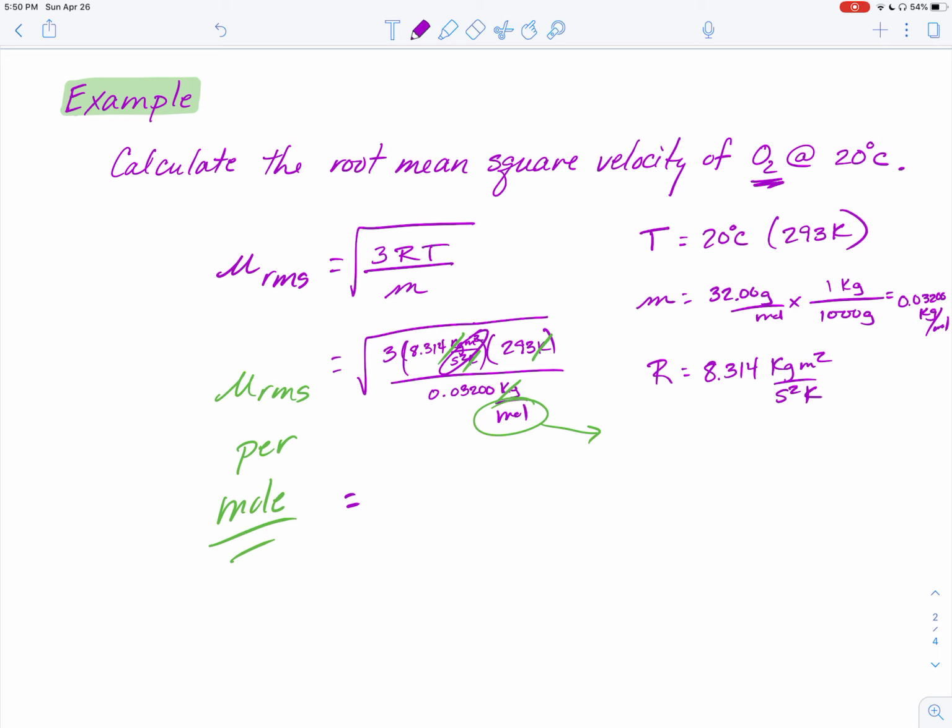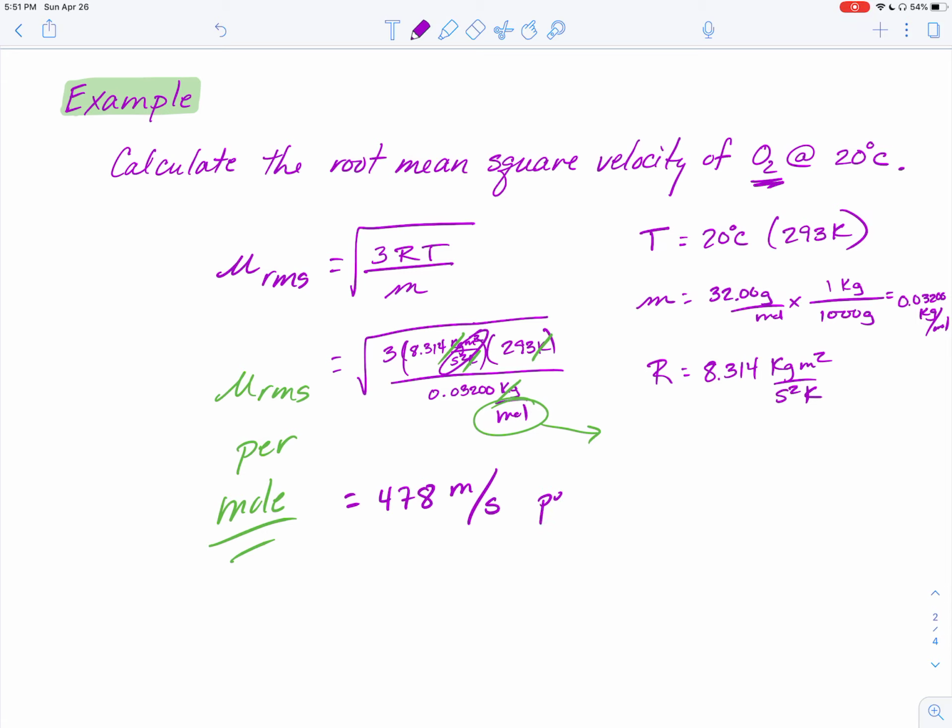Okay, so the square root of this particular substance, so we'll take 3 times 8.314 times 293 divided by 0.03200, and we'll take the square root of that, which gives me an answer, in 3 sig figs, of 478 meters, sorry, not meters squared, but meters per second.